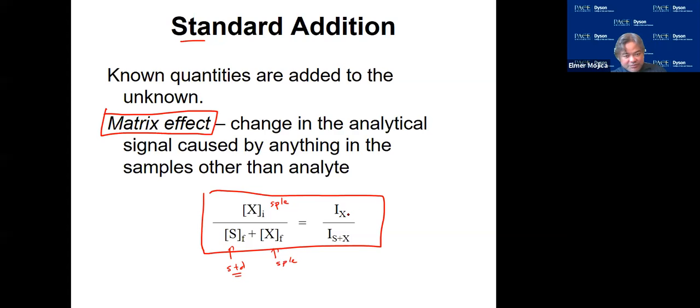The I with X is the signal coming from the sample, and this is the signal coming from the sample that was added with the standard. That's why it is called standard addition. Known quantities of standards are added to your unknown sample. From the ratio and proportion, we will be able to determine the original concentration of the analyte in your sample.